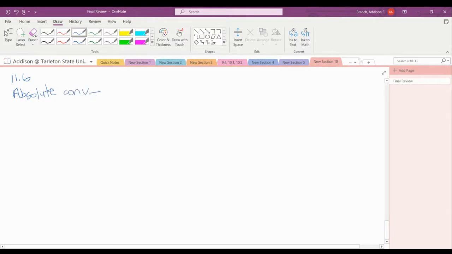So absolute convergence means, whenever we say a series A is absolutely convergent, that series A is absolutely convergent if the absolute value of that series is also convergent.